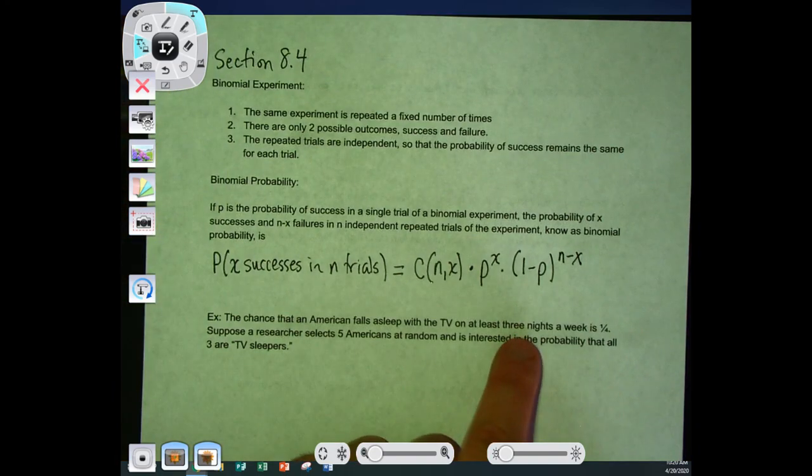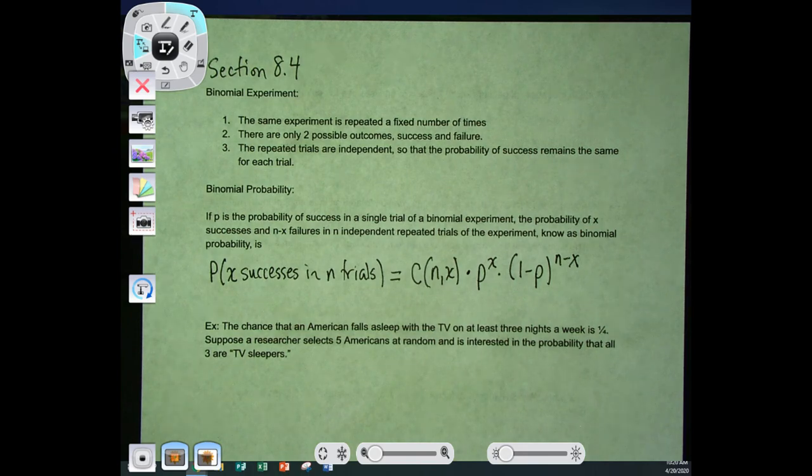So that's our formula. We're going to use that to calculate binomial probabilities.